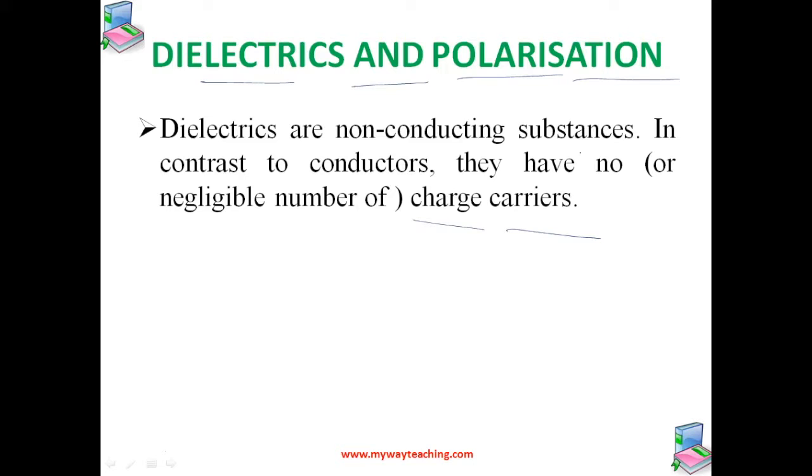Because of their symmetry, they have no dipole moment. On the other hand, in a polar molecule, the centers of positive and negative charges are separated even when there is no external field. So such molecules have a permanent dipole moment. For example, HCl, H2O, these are all polar molecules, isn't it?